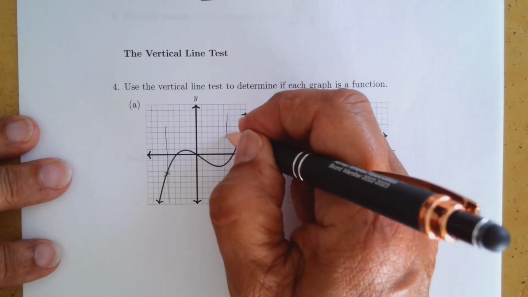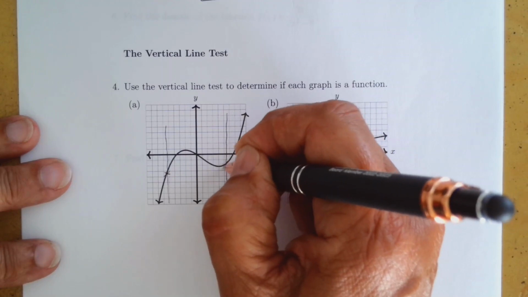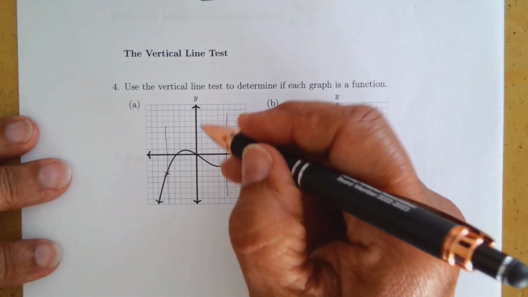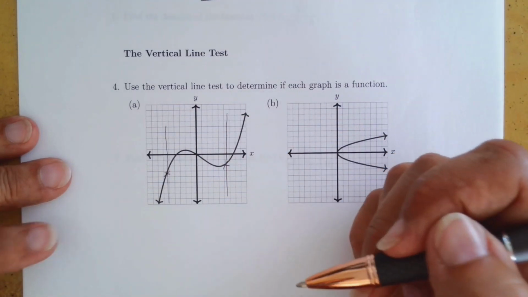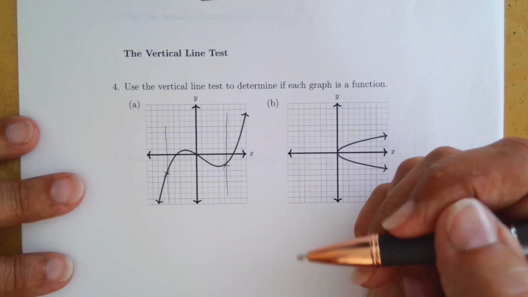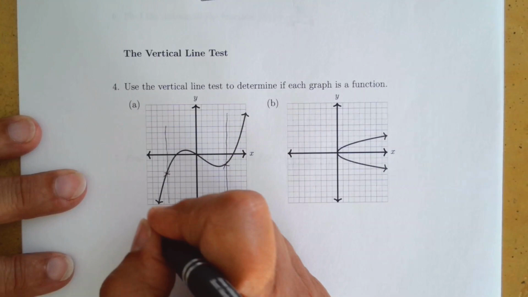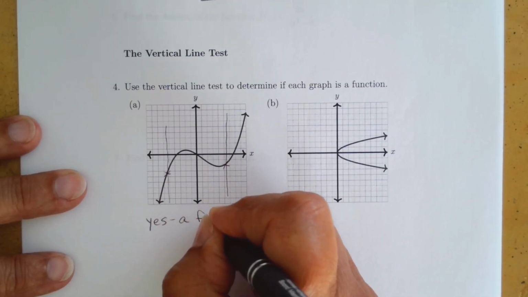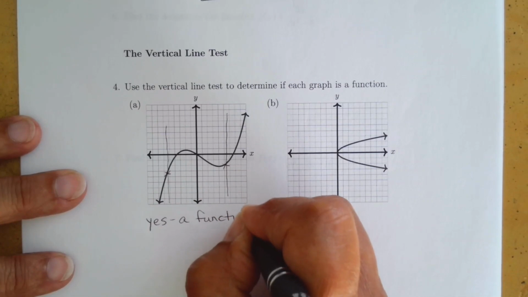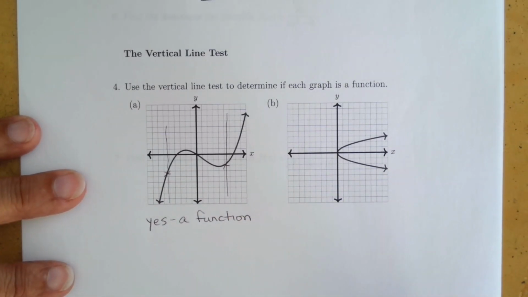No matter where I pick, it's only going to cross the graph once, right? Any vertical line. So as long as the vertical line only crosses the graph once at all places, then yes, it is a function. So this is a function.